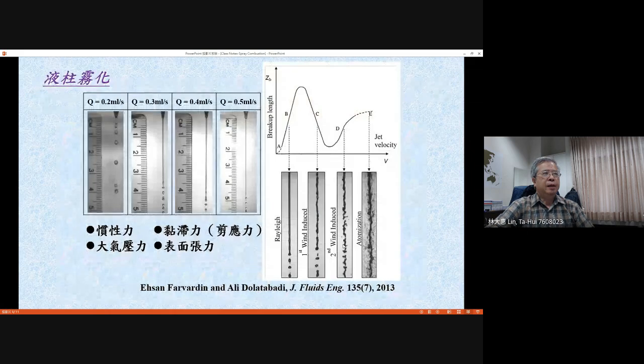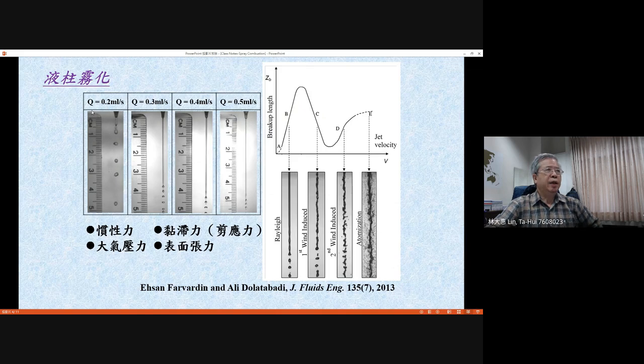Okay. Now let's look at the experimental observation. Here you can see I mentioned those kinds of interference coming from the aerodynamic resistance and also the surface tension, and we will find out those interactions will be observed from the experimental observation here for a single, very tiny liquid jet coming out.